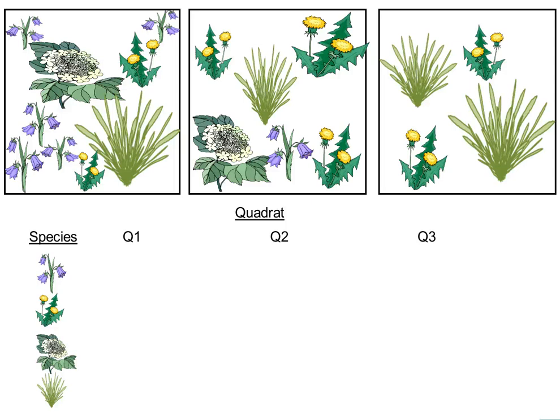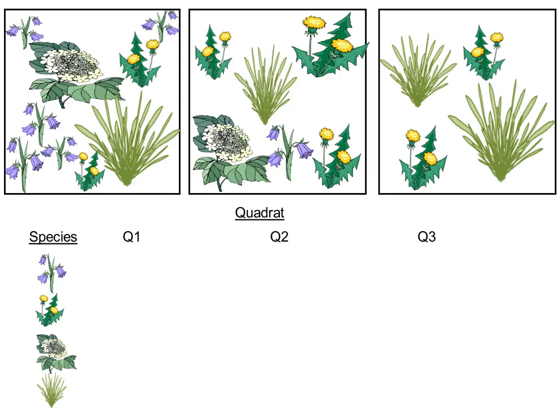Here we see a very simple scenario of 3 quadrats, and there's only 4 species in this community. There's a purple flower, a yellow flower, a white flower, and a grass. We examine the first quadrat and rank the species based on the amount of biomass.